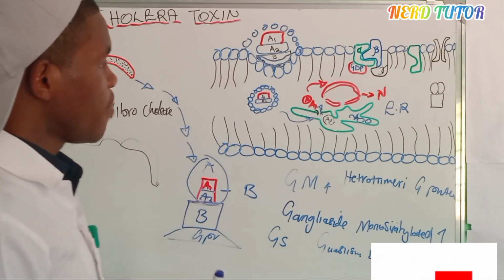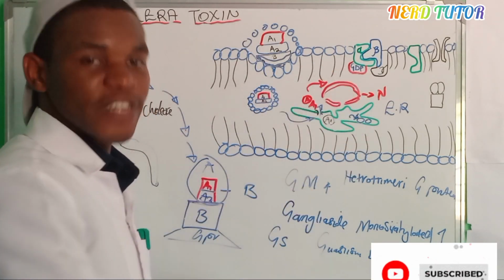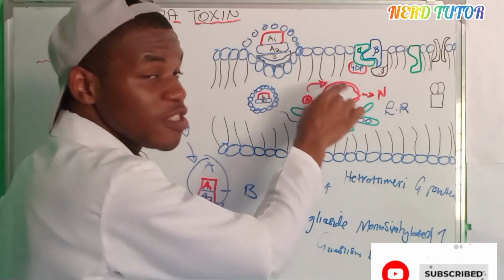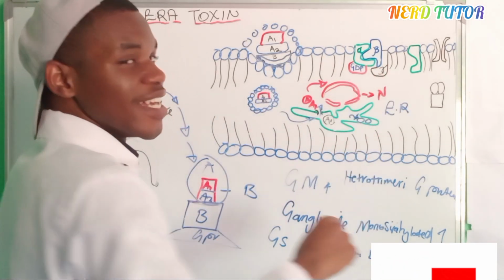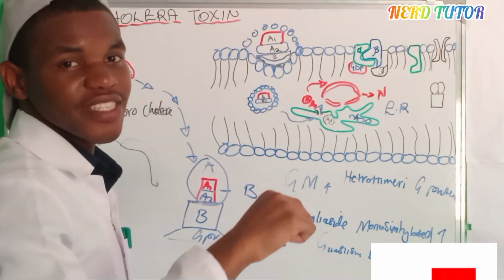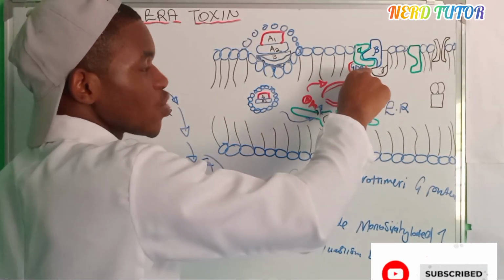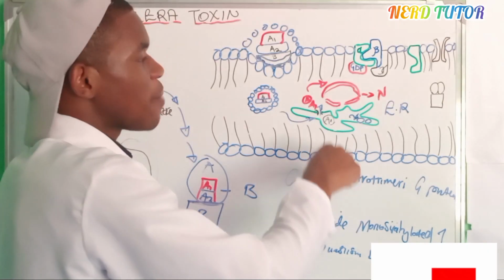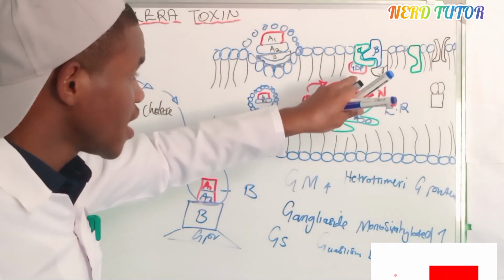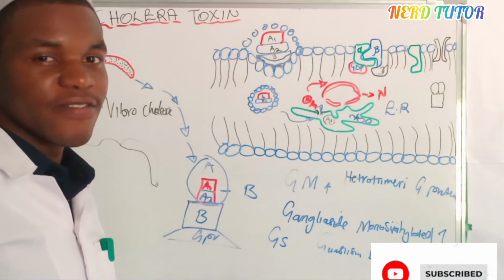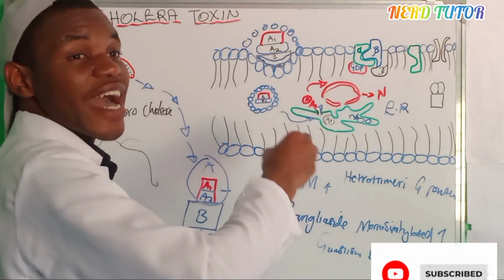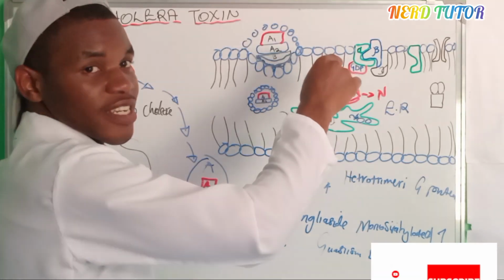So now what will happen is when this guy is activated, it will cleave this part, the GDP will come off, and then inside the cytoplasm of this cell there are a lot of GTPs, and then it will bind here. So in short, the GTP will come and bind where the GDP was. Now that is what? The active form of the G protein.